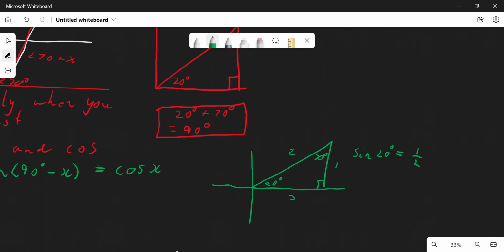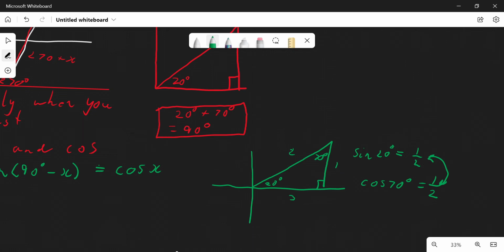Now let's look at cos of the complementary angle, which is 70 degrees. What's cos of 70? That's adjacent over hypotenuse, and that equals a half. So these are the same.